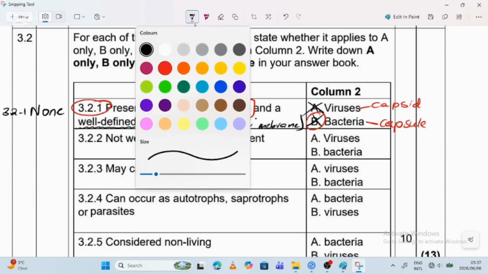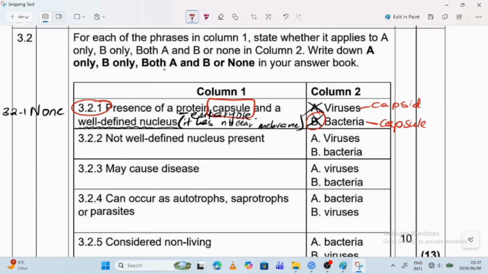Right. And then let's look at another one. 3.2.2 has a not well-defined nuclear presence. So both of these two are considered prokaryotic, right? So here, both of them.